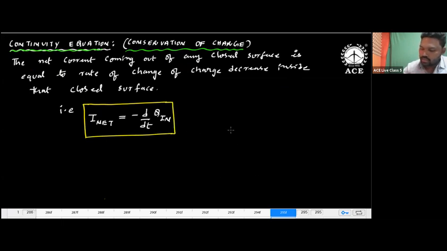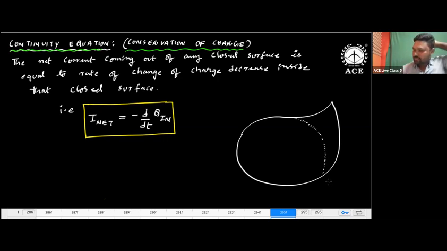Now let us consider some closed surface here, beta. This is a closed surface. I am putting dots to create the feel that it is three-dimensional. And inside there are charges, characterized by a volume charge density rho v, coulomb per meter cube. Inside this there is a volume dV.